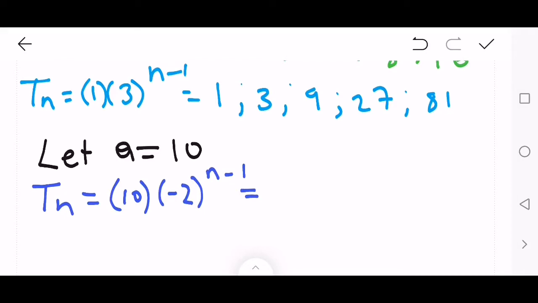Our first term is going to be positive 10. The second term will be minus 20.